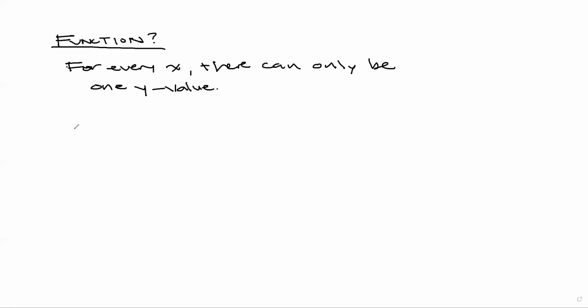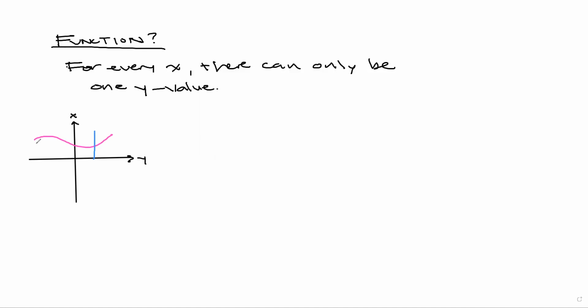So for example, let's say I have this graph here, okay? And it looks something like this, okay? So here is my x-axis, and here is my y-axis, all right? So if I draw a vertical line, let's say right here, right?